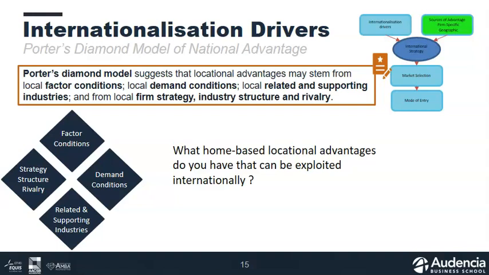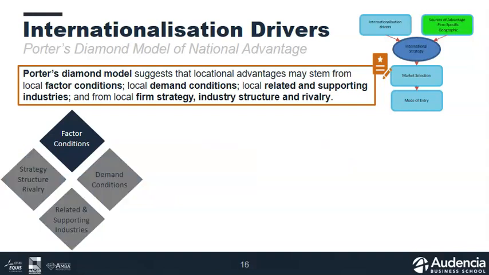To what extent does your home country locale, where your country is based currently, give you a particular advantage? This is what Porter tried to investigate. So let's take a look at some of these different conditions. The first are what we call factor conditions.